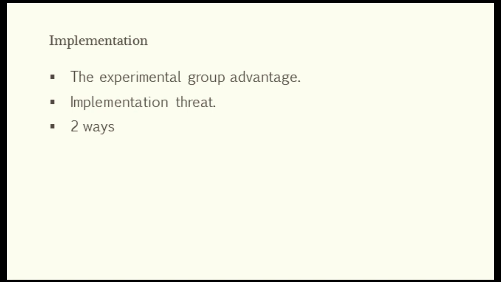So with implementation, there's a chance that the experimental group could potentially be treated in ways that are unintended, and this can give them an advantage. So this is known as an implementation threat. And this can occur primarily in two ways. So the first is when different individuals are assigned to implement different methods, and these individuals differ in ways related to the outcome.